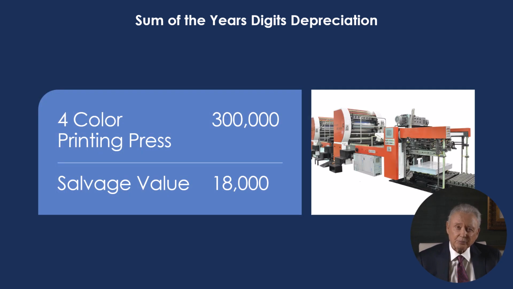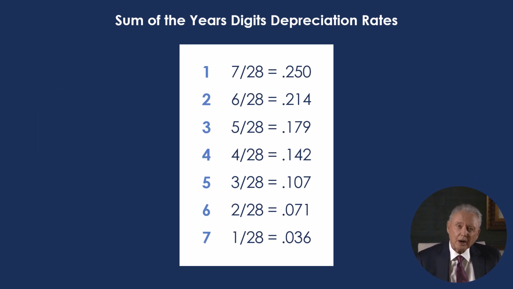Here we have a color printing press at a cost of $300,000, a useful life of 7 years, and a salvage value of $18,000. In year 1, we have a remaining life of 7 years. 7 divided by 28 equals 0.25. That's the depreciation rate for year 1. In the second year, it's 6 divided by 28, or 0.214.